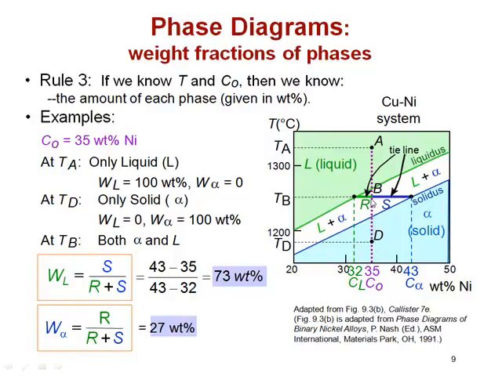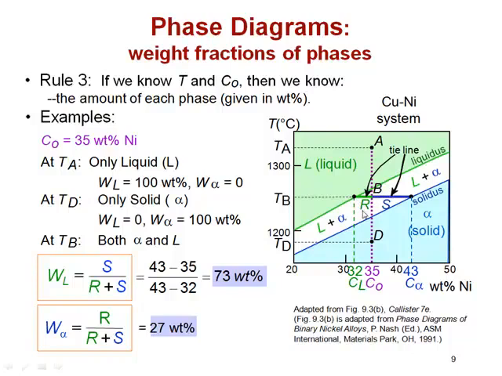Talking about point B, which is in the two-phase region, we've got to draw the tie line, and by making use of the lever rule, which is shown here, where W stands for weight percent and L for liquid, the weight percent of liquid can be determined if we measure the length of the line from the given composition to the intersection of this line and the solidus, and the length from here to the intersection of this line and the liquidus.